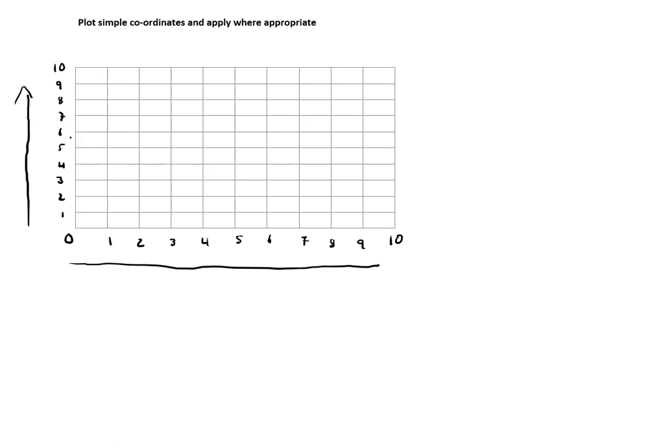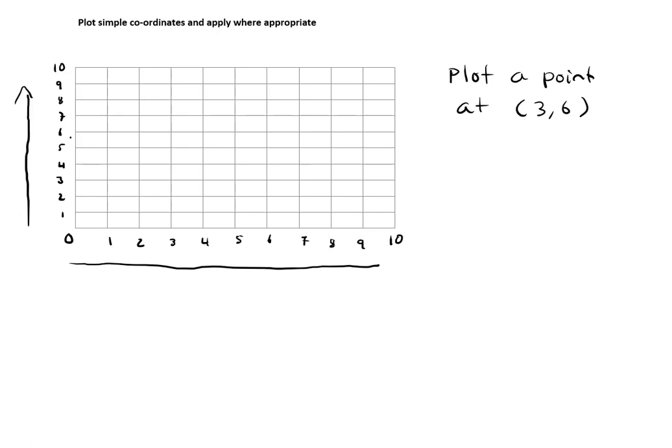So sometimes you might be asked to plot a point at 3, 6. So what does that mean? That means you've got to find where numbers 3 and 6 coordinate, and there you're going to plot your point.